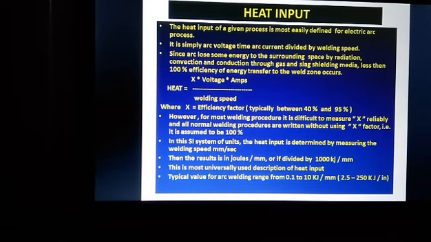In the SI system of units, the heat input is determined by measuring the welding speed in mm divided by second. Then the result is in joules per mm, or divided by 1000, kJ per mm. This is the more universally used description of heat input. Typically, values for arc welding range from 0.1 to 10 kJ per mm, or 2.5 to 250 kJ per inch.